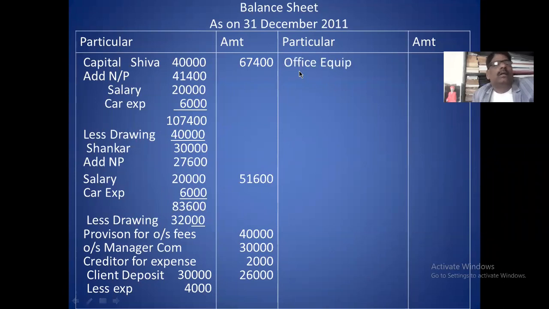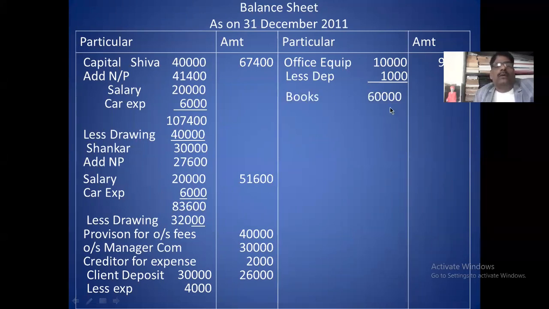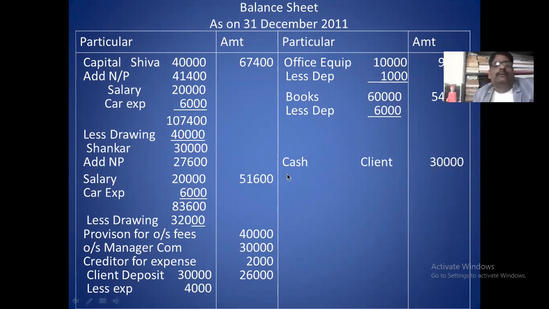In the office equipment is 10,000. Less depreciation 1,000, 9,000 balance. Second is books. Books value is 60,000. Less depreciation 6,000. Balance is 54,000. Then next you take the cash. Client is 30,000. Office is 64,000.